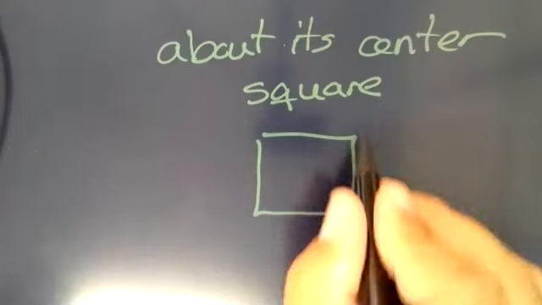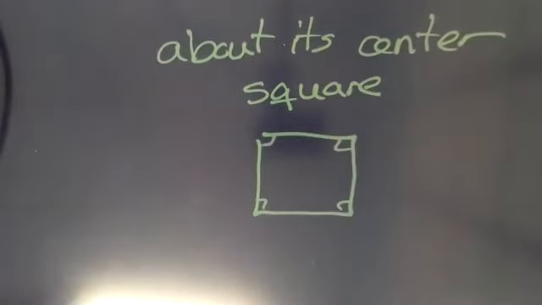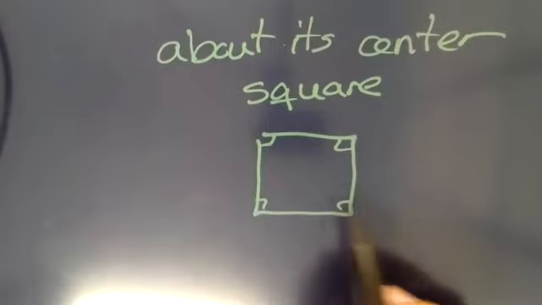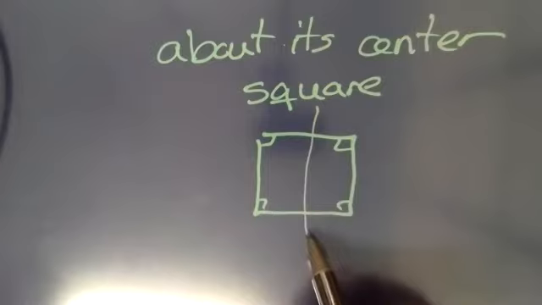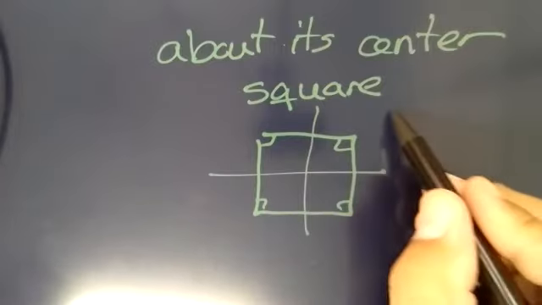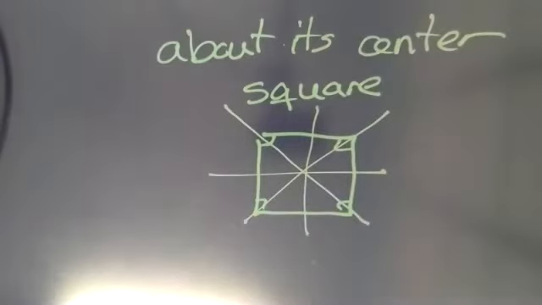The side lengths are all the same and it has what? 90 degrees. Well, one of the things that we could do with this is find out how many lines of symmetry it has. According to this, the square has 4 lines of symmetry. You have 1, 2, 3, and 4 lines of symmetry.